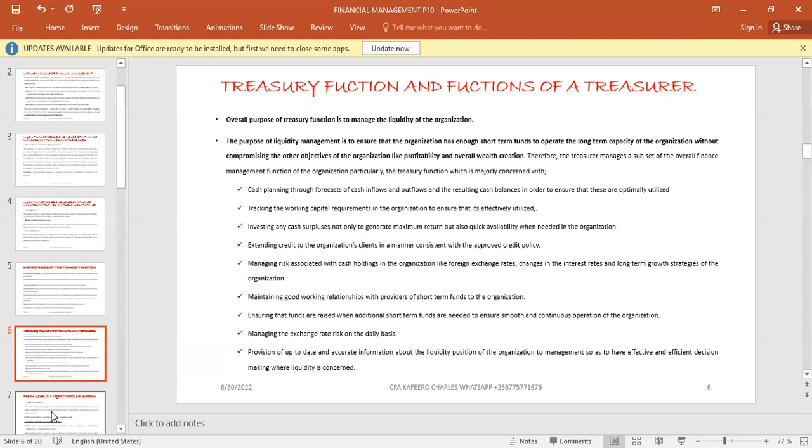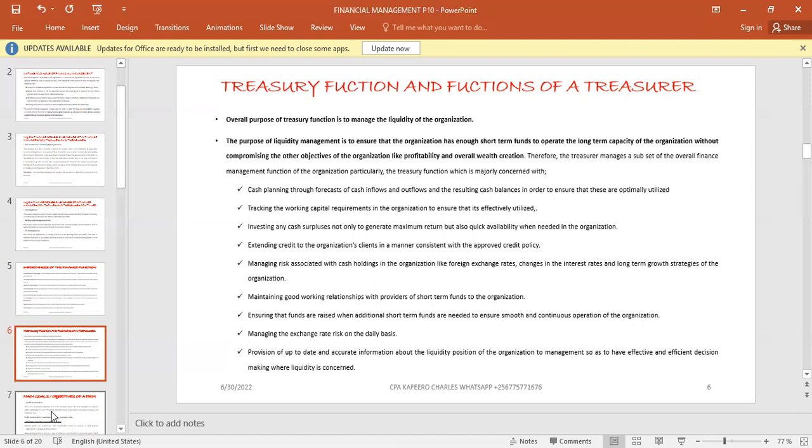One of the activities performed there, we are saying, is cash planning through forecasts of cash inflow and outflow and the resulting cash balances in order to ensure that these are optimally utilized.